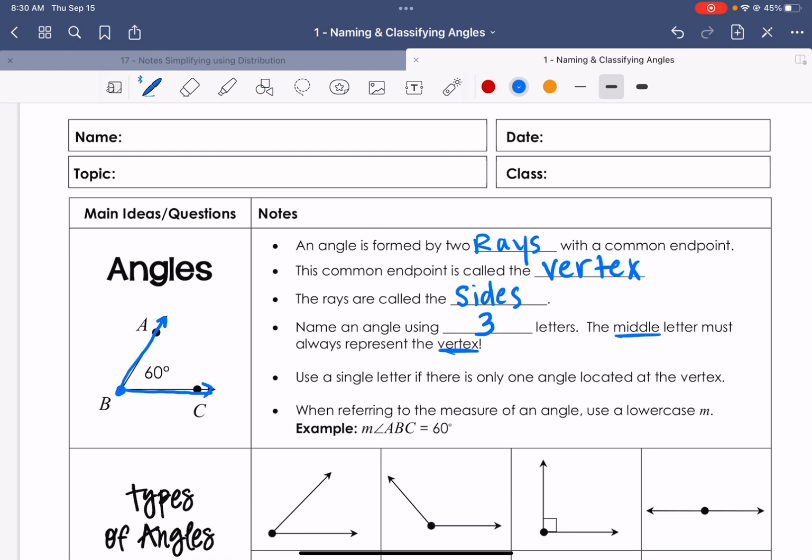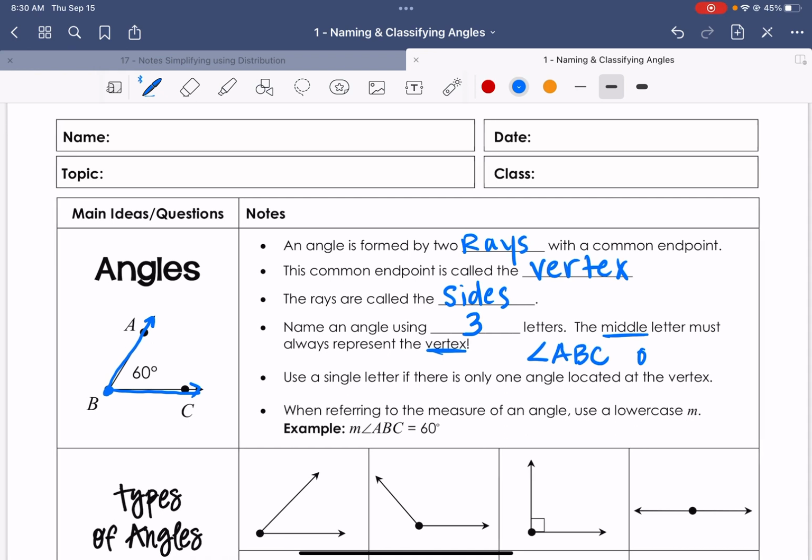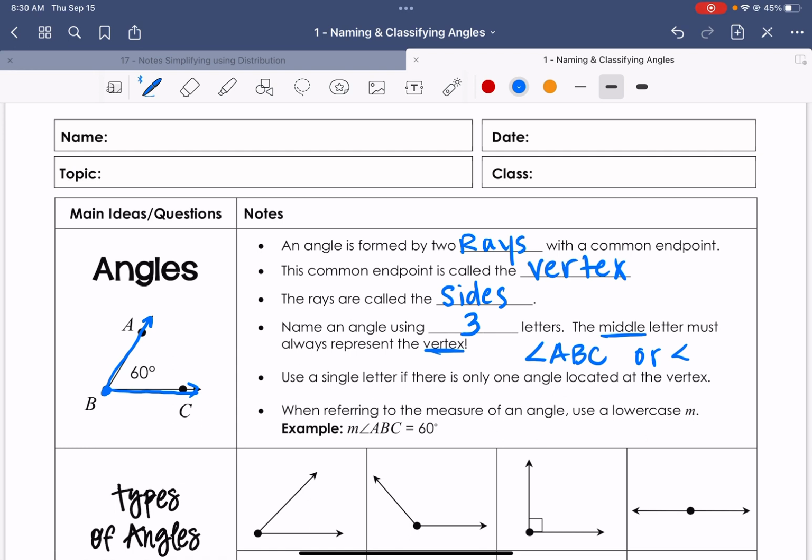We could call this angle, and that's our symbol. It kind of looks like a small angle. A, B, C. Or we could call it angle C, B, A. It doesn't matter which side you start from, as long as B is in the middle because it's our vertex.